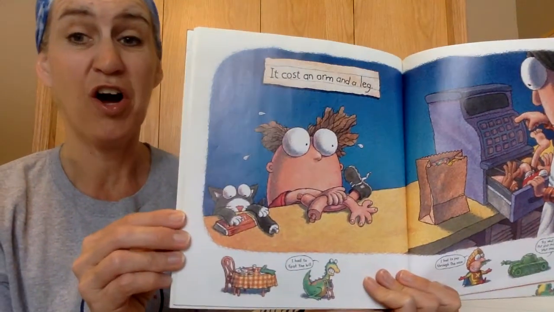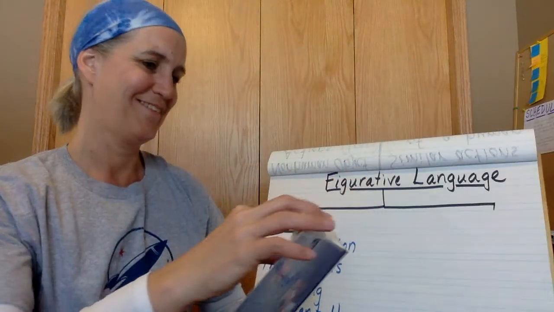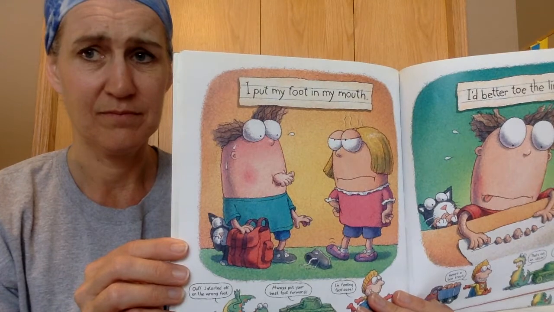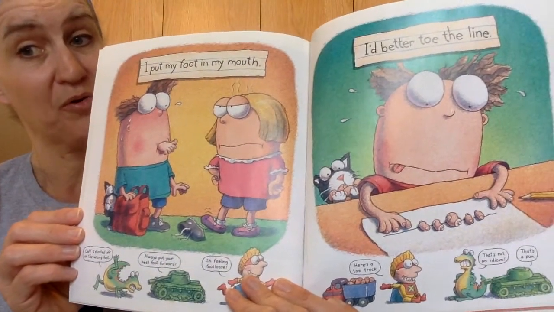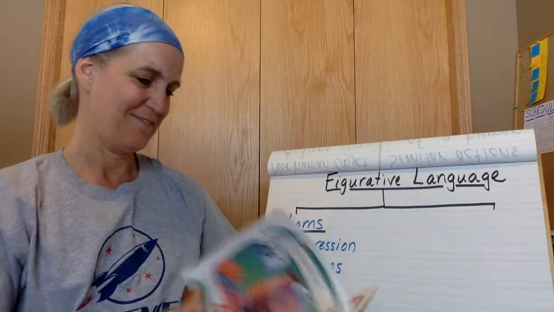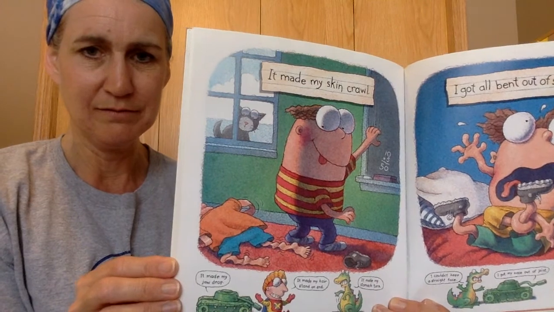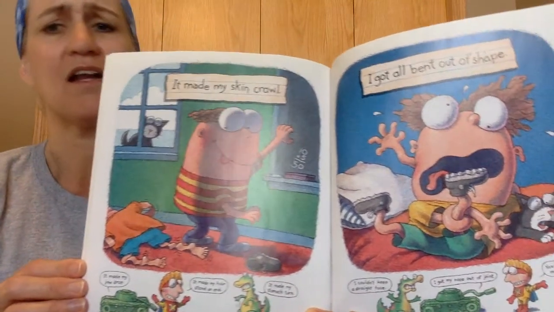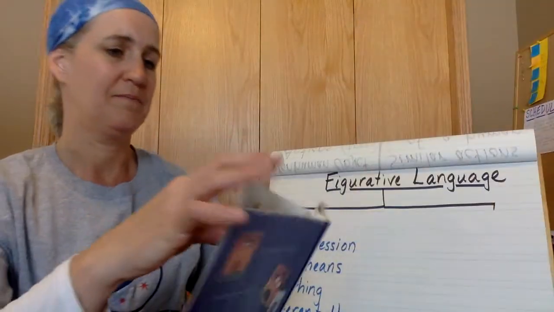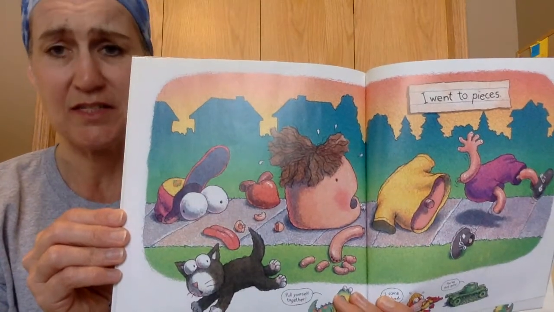It cost an arm and a leg. I put my foot in my mouth. I'd better toe the line. It made my skin crawl. I got all bent out of shape. I went to pieces.